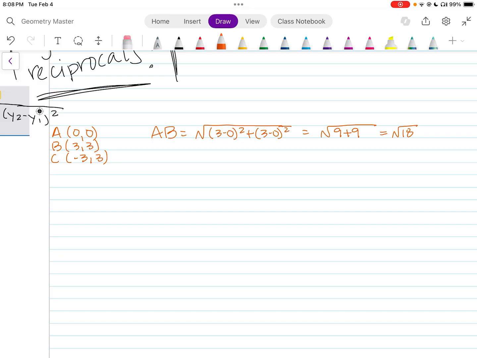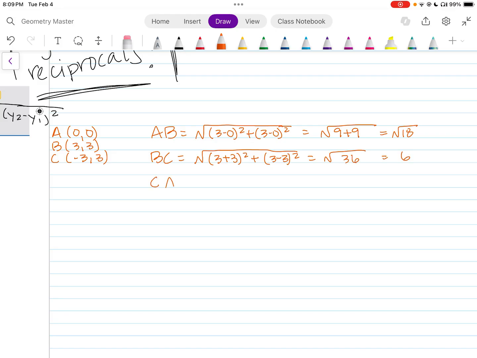And then we'll do BC, and that is the square root of 3 plus 3 squared plus 3 minus 3 squared, which is 36 plus 0, so the square root of 36, which is just 6.